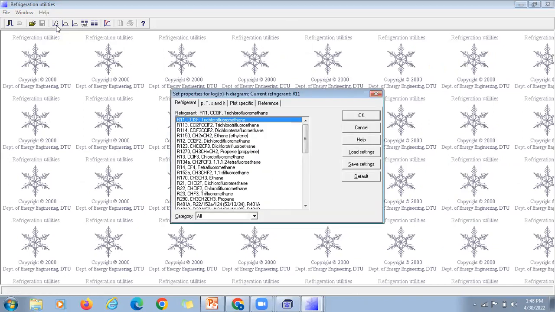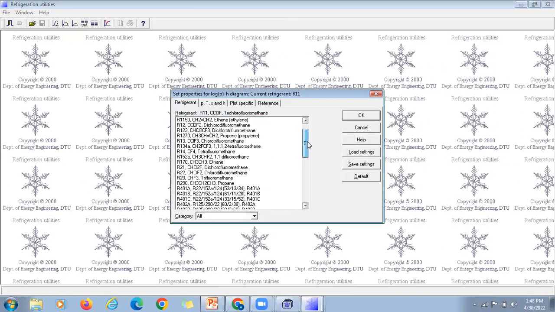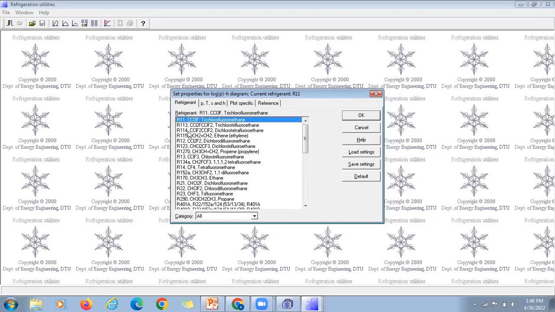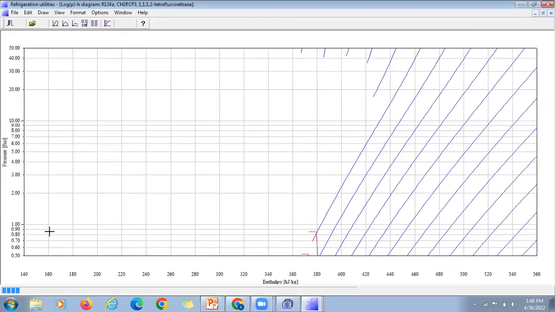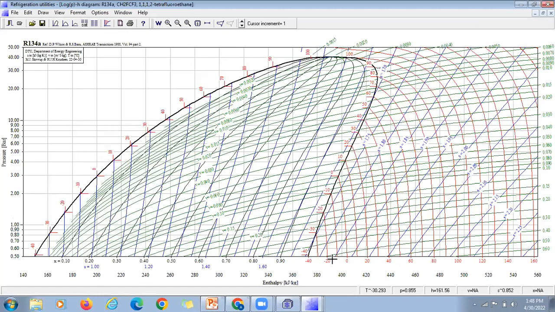So let's say you have heard about refrigerants. If we look into R134A, the pH chart, you can see here.